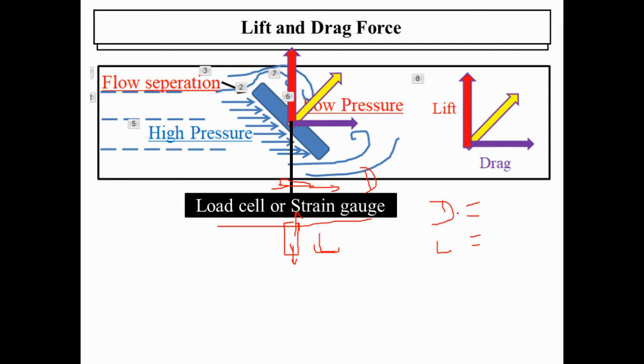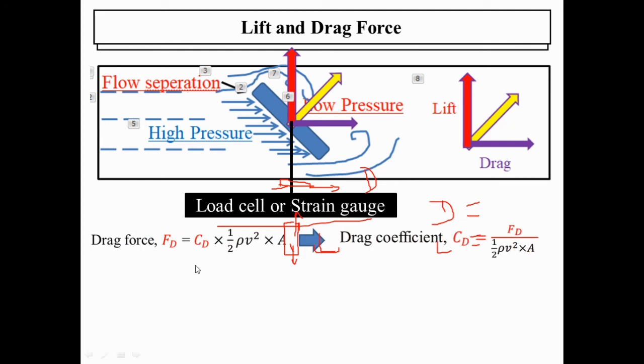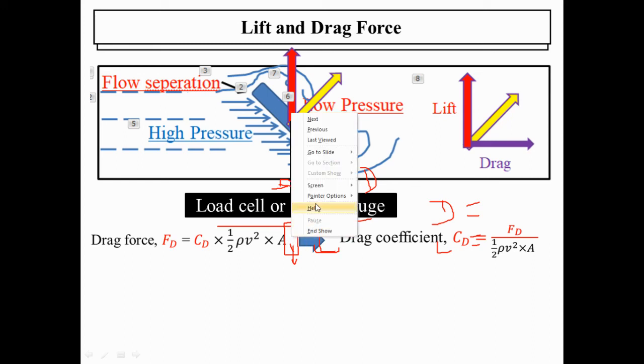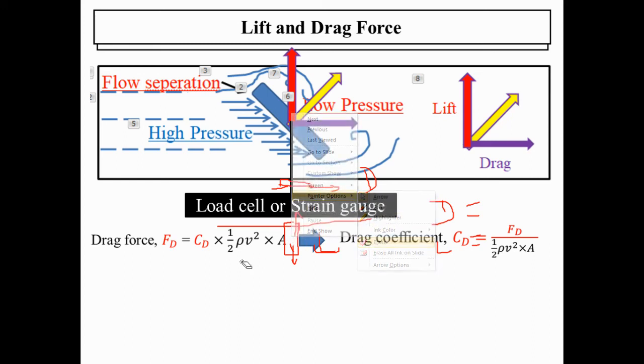Once knowing that force, we can calculate the drag coefficient. We have seen that drag force is given by Fd equal to CD half rho V square into A, and we can also find that the drag coefficient would be CD equal to Fd upon half rho V square A. Fd is the drag force, half rho V square is the dynamic pressure, into the area.